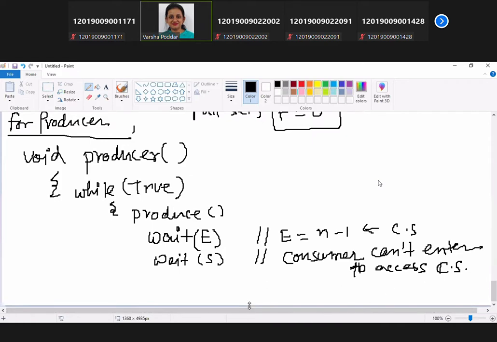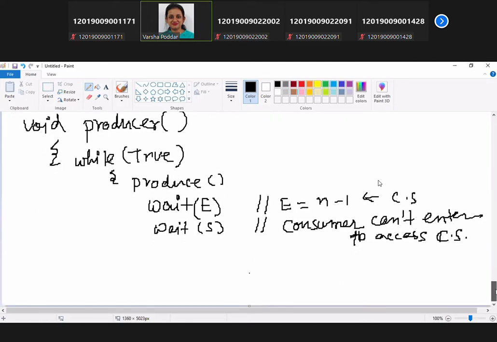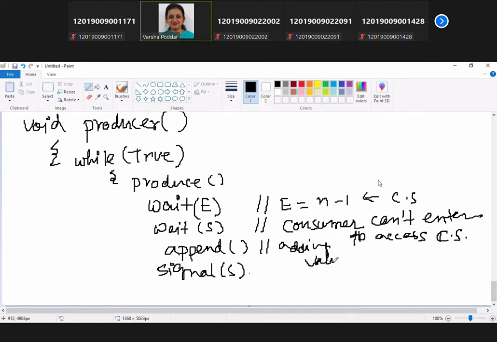Understand each line that I am writing, or else by yourself you will never be able to write. After this, wait test means I am adding some value. So suppose any random append function, then I will release the signal value. This is adding a value to the critical section. Then signal S means releasing the critical section.